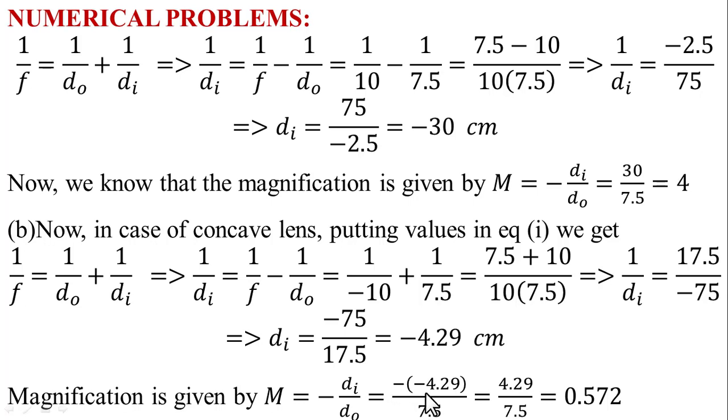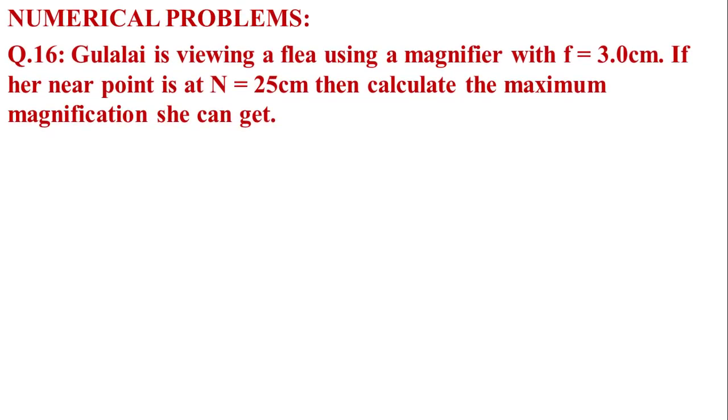So minus minus is plus, 4.29 divided by 7.5 is equal to 0.572. So the magnification is 0.572.